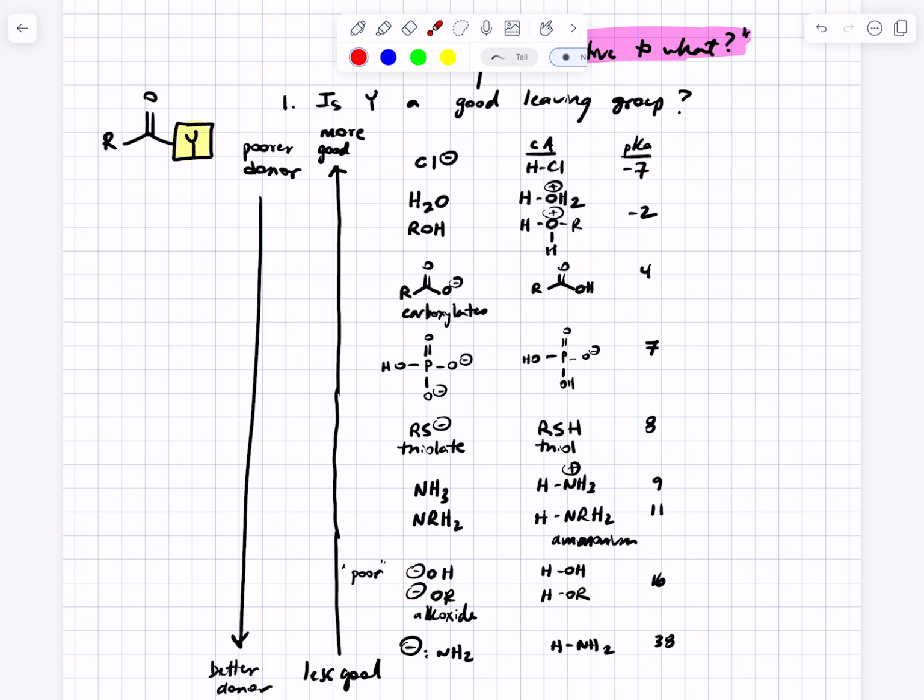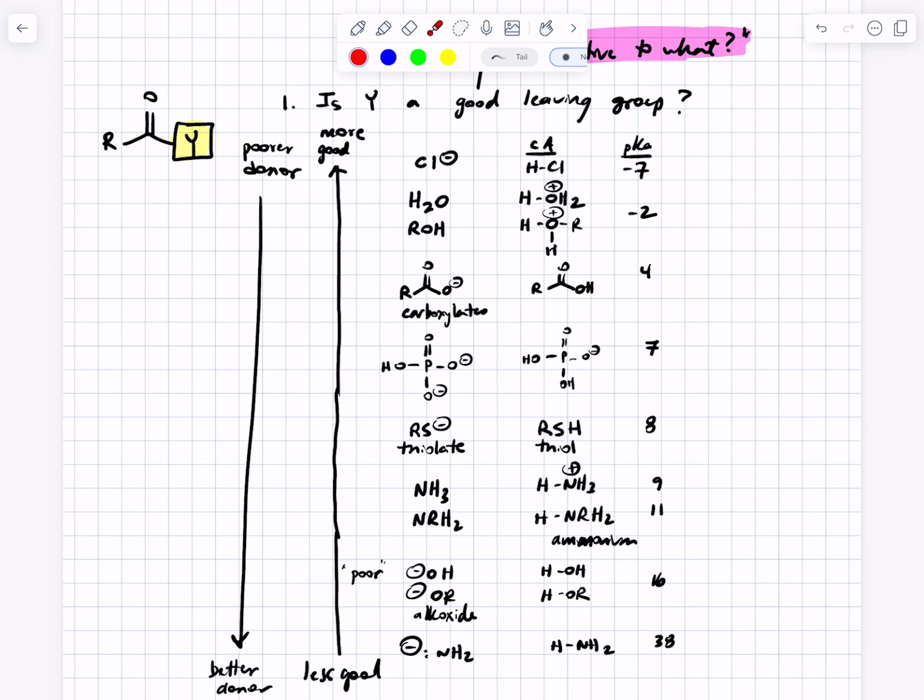Sorry about that. So, notice that the best leaving groups are also the poorest electron donors, and the poorest leaving groups in general, with some exceptions that I'll talk about later today, are the best electron donors. And for the same reason. What makes something a good electron donor? It has a pair of high energy electrons that are unstable and that it's willing to share. What makes something a good leaving group?